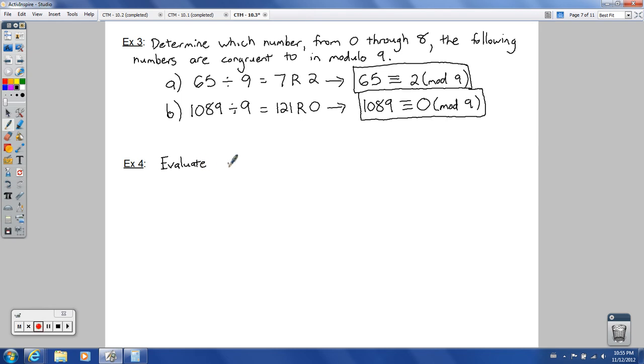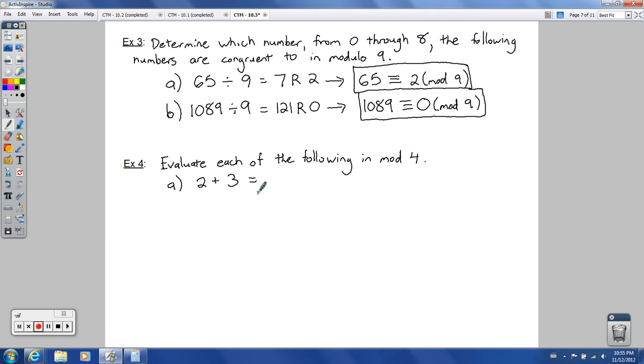So example 4, we're going to evaluate each of the following in mod 4. Now we're going to be adding, subtracting, multiplying some things here.